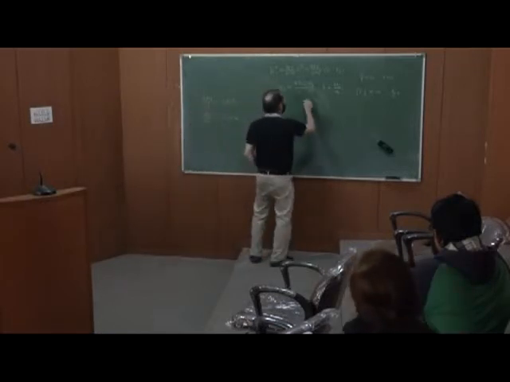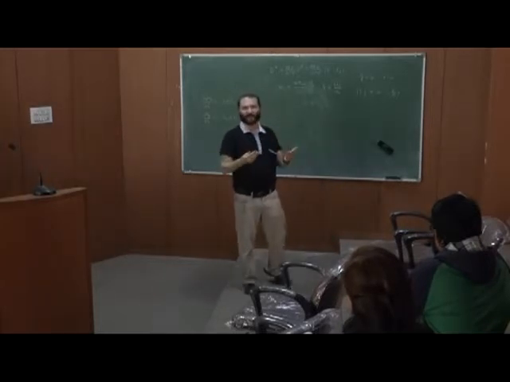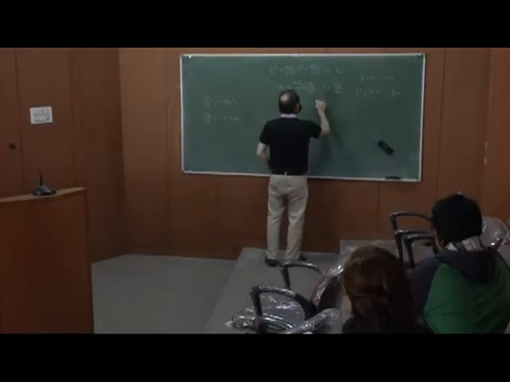Also, we're going to make the gravitational constant dimensionless, right? And this will be 8 pi G over 3 c squared.